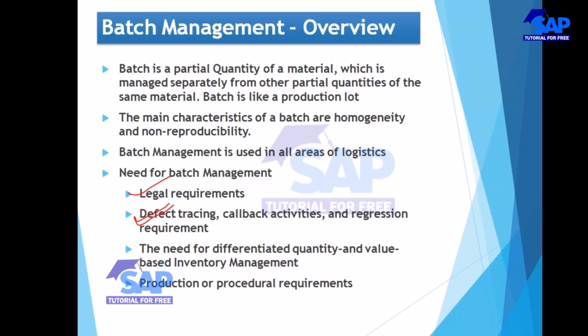So it is used for defect tracing, callback activities and regression requirements. Sometimes in some industries you need quantity and value based inventory management, and for that you will use batch management. The other one is production or procedural requirements, like FDA or other regulatory requirements. So these are the needs for which you activate batch management in your system.